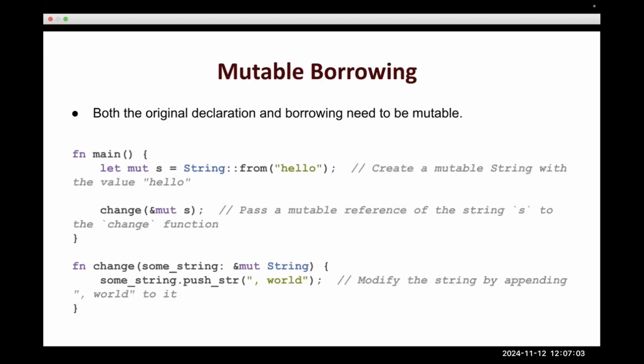You are giving full control over to the function you're calling to modify your variable. But here, you only allow the function to do that by defining the mutable borrowing reference, or mutable references, to the string. So again, it's similar. You just need some extra mut symbol to make that happen. Otherwise, everything is immutable. You can read it, but it's not writable.